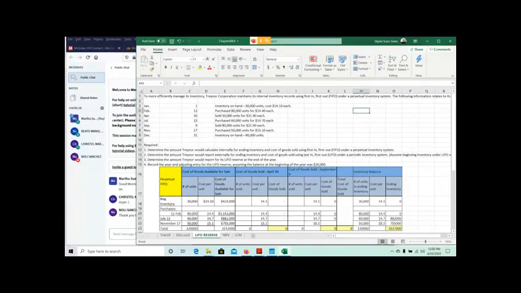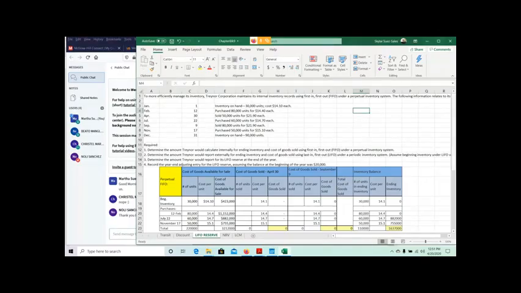Internally they report with FIFO, but externally they use LIFO. And in order to reconcile the FIFO and LIFO differences between these two sets of books, the internal and the external, they have to rely on the LIFO reserve. That's what the LIFO reserve is used for.